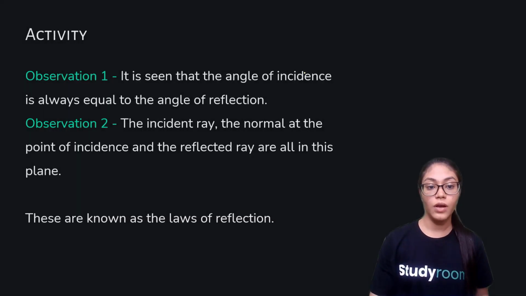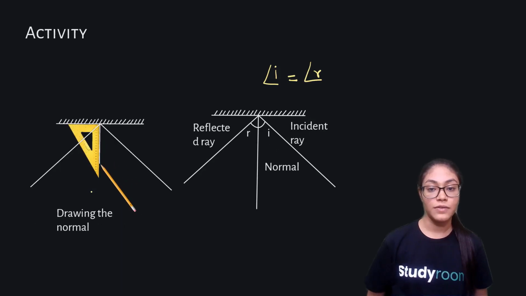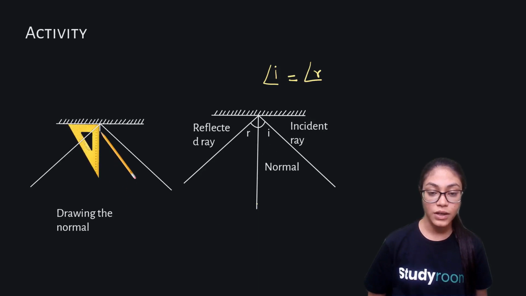Also, you will observe that the incident ray, the normal at the point of incidence, and the reflected ray are all in the same plane. Right? So let's see here. We see here that the incident ray, the normal, and the reflected ray all lie in this plane.